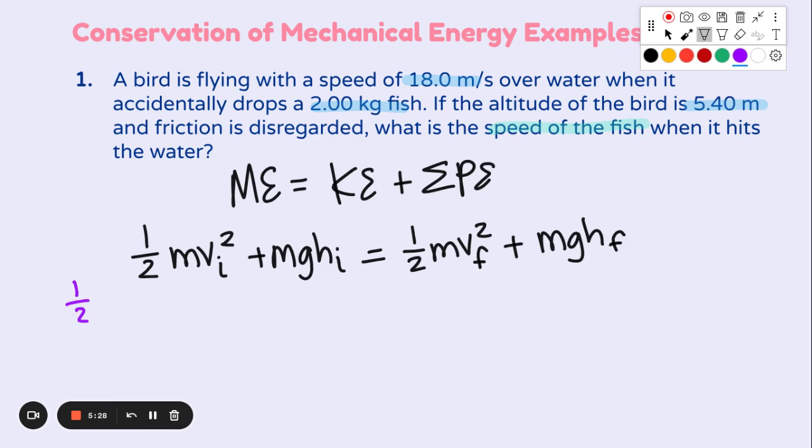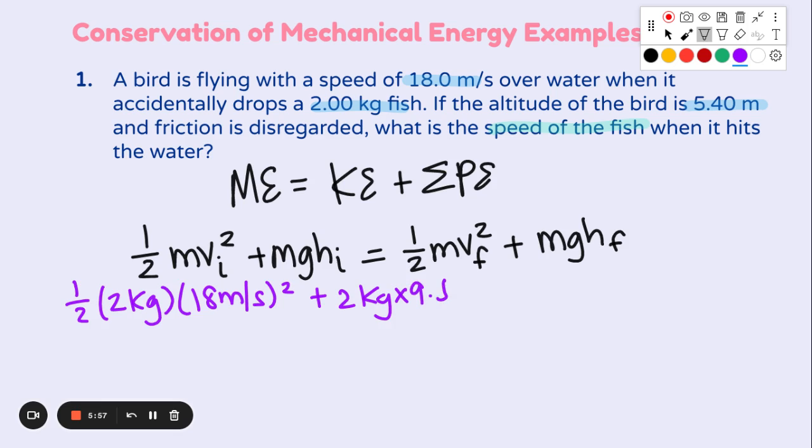So 1/2, we know the mass of the fish is 2 kilograms, and we're told that it's moving with a velocity of 18 meters per second, plus your initial potential energy, which again is also 2 kilograms times your gravity of 9.8 meters per second squared, times your initial height of 5.4 meters.